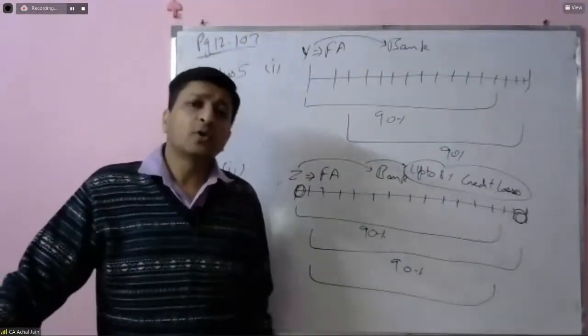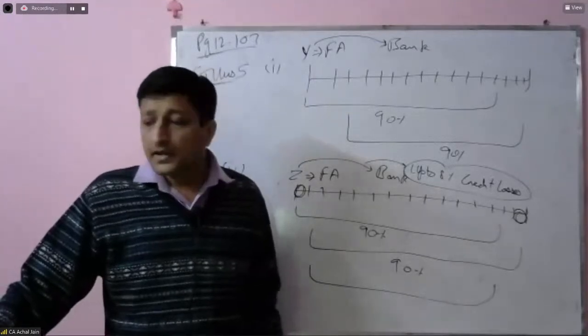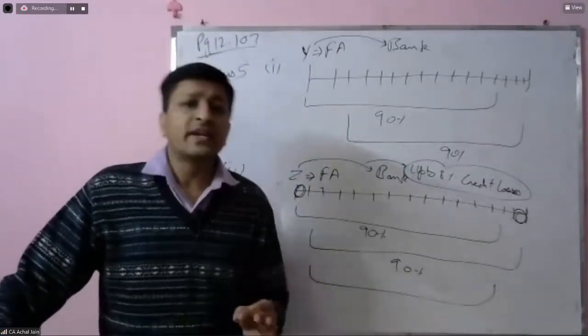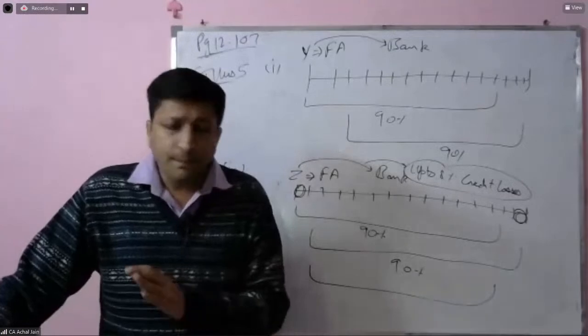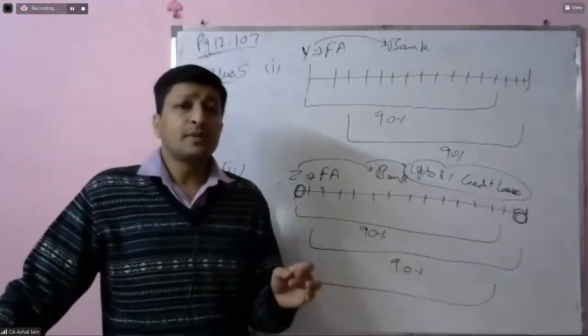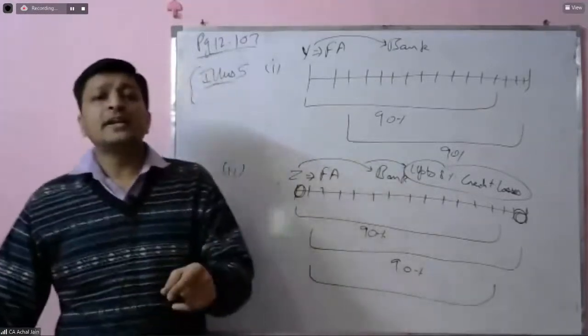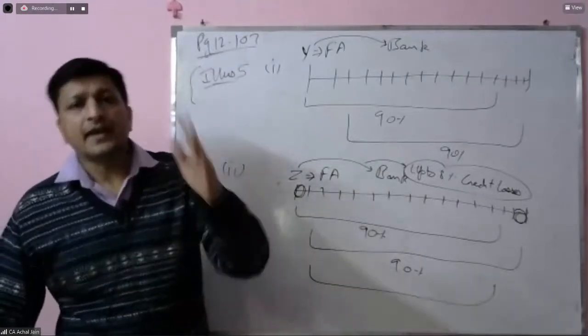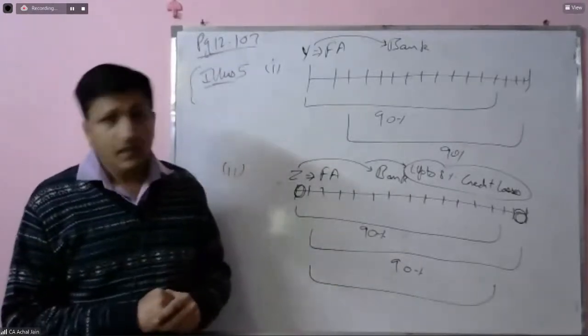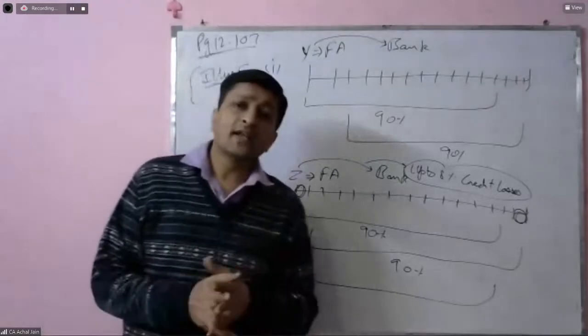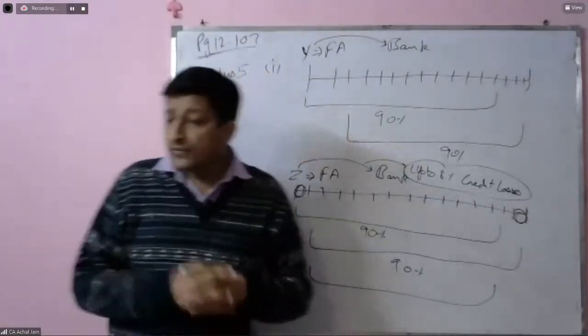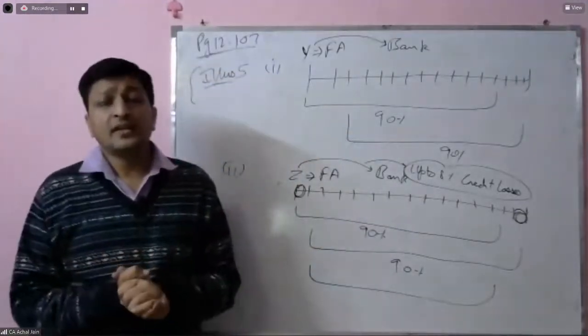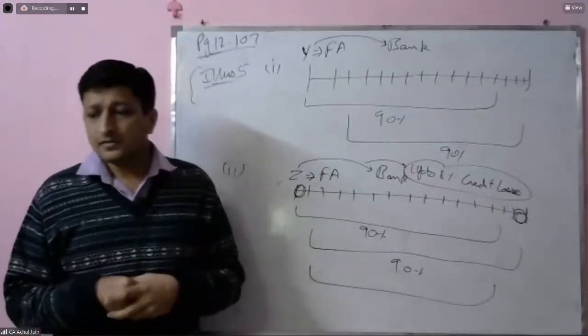Maybe they enter into a contract for a part sale, but when the derecognition of the financial asset will happen, part derecognition will not be possible. It will have to be derecognized in its entirety. Clear? Means the full financial asset will have to be derecognized in this case.